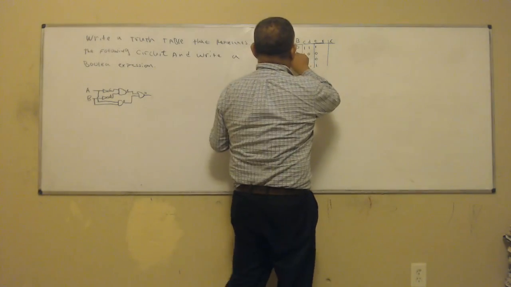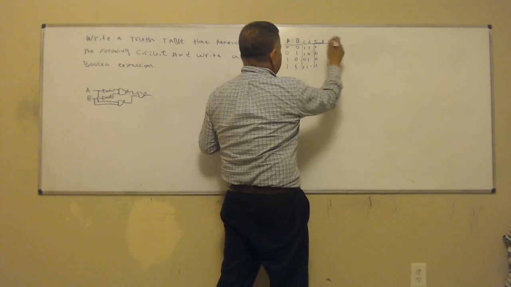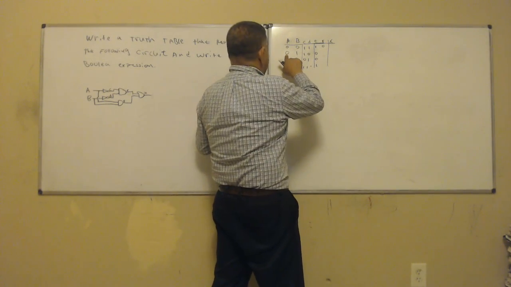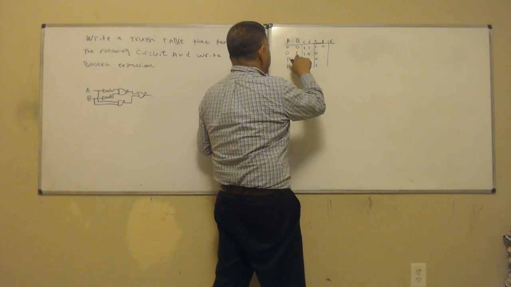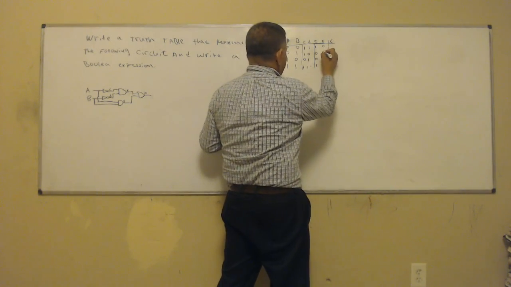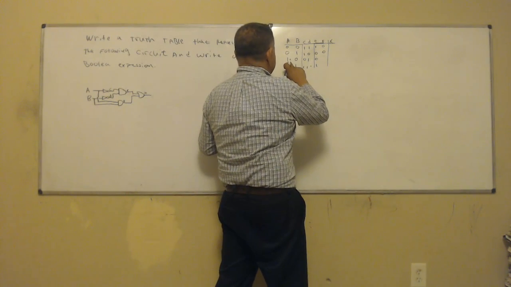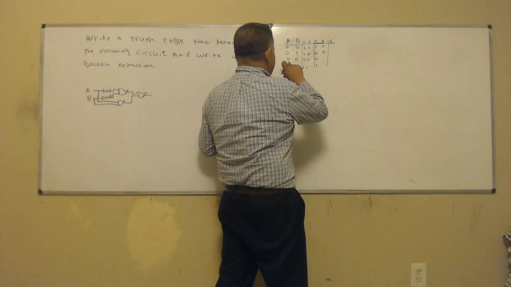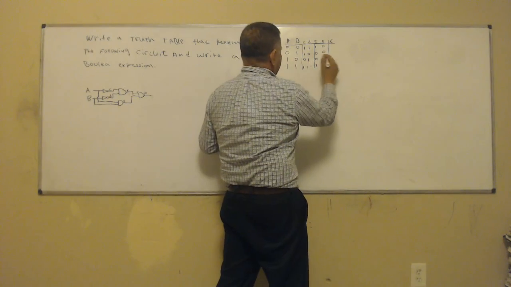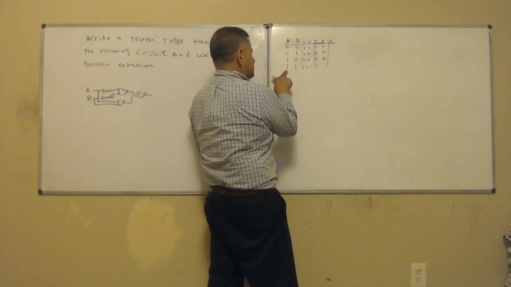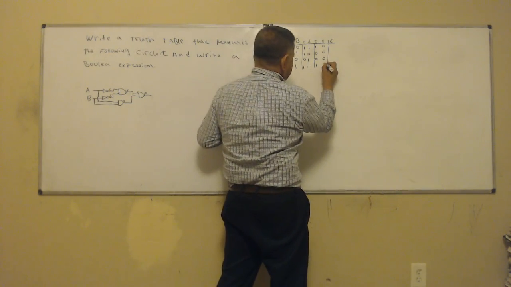So in this case, A and B is 0. A and B is also 0 because 0 AND 1 is 0. A is 1, B is 0, this is 0. 1 AND 1 is 1.